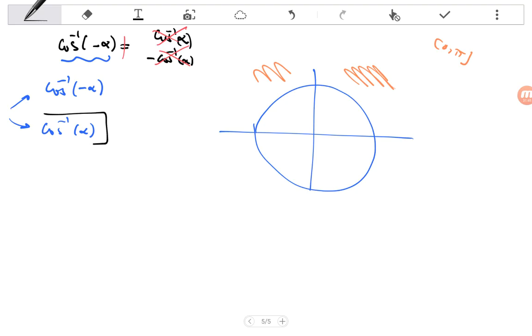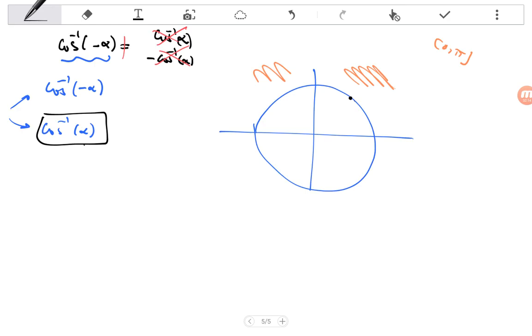Let's first depict that angle. This is an angle which has a cosine equal to alpha. What is meant by an angle that has a cosine equal to alpha? It means that its x coordinate would be alpha.